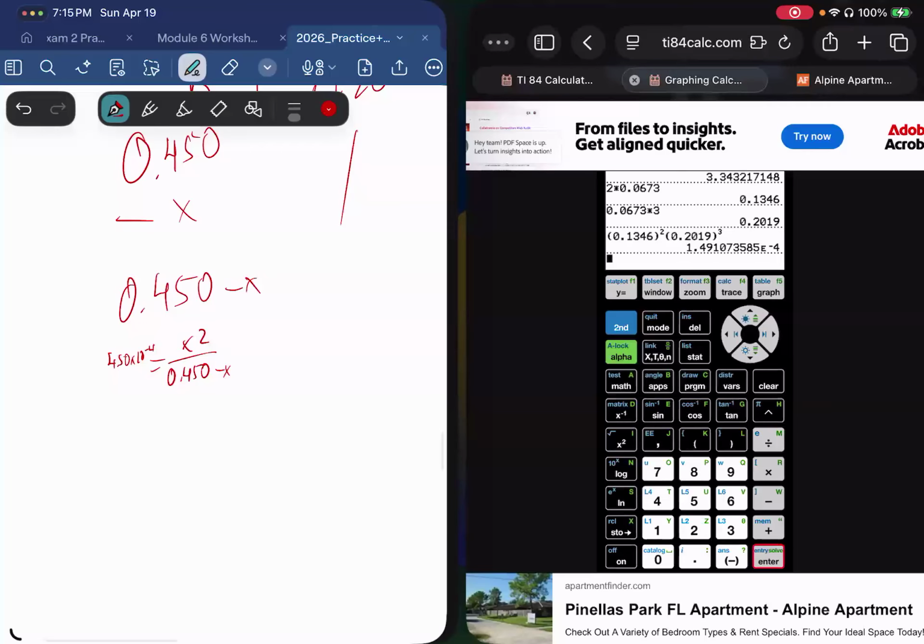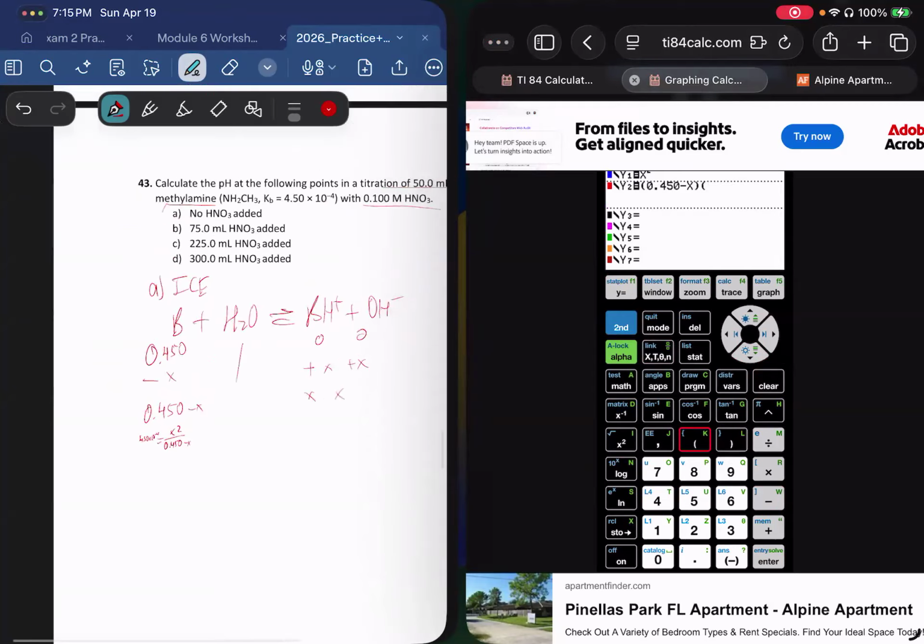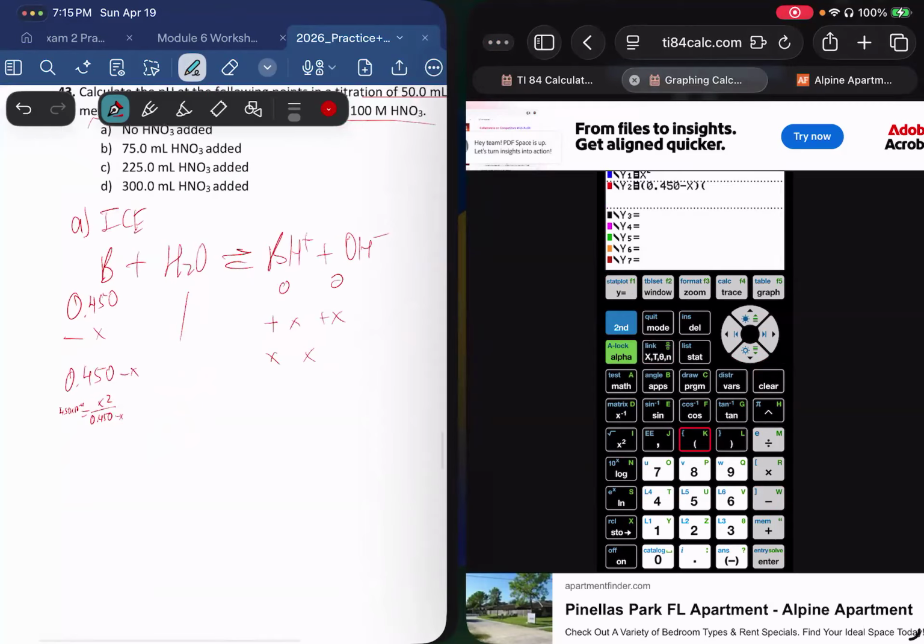Plug that in the calculator. So put that in y, x squared over 0.450 minus x, equals 4.50 times 10 to the negative 4. Okay, and solve.